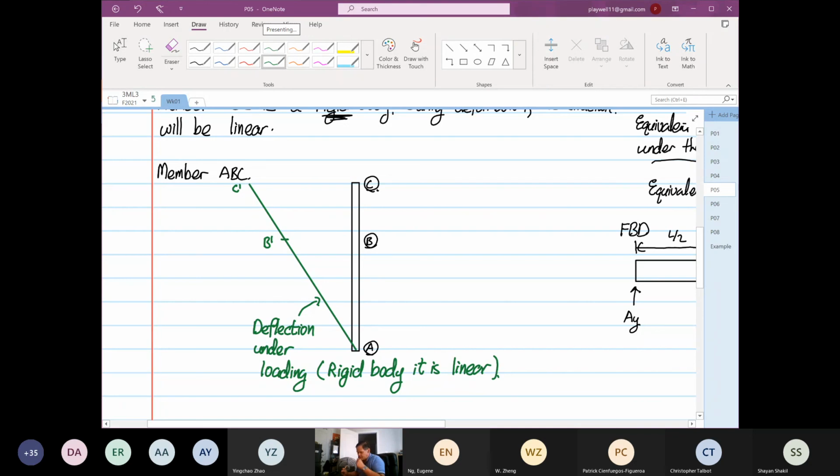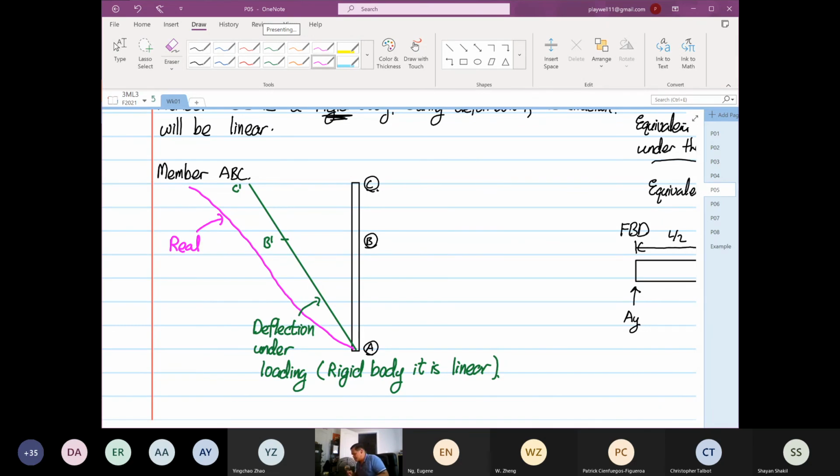You may ask me, in real life it will look different. In real life the beam will deflect this way. But we simplify our analysis.